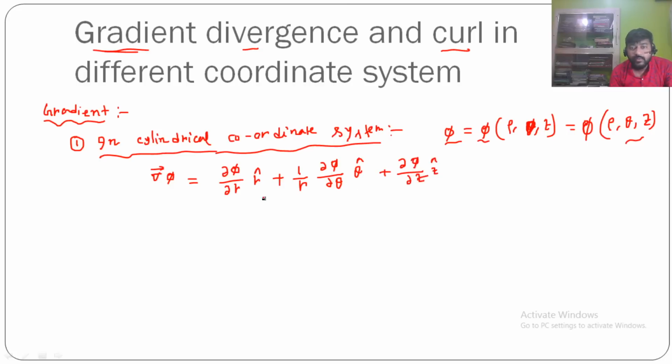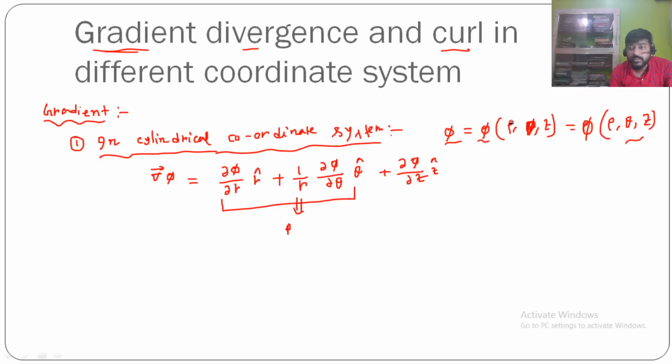If they ask only about plane polar coordinates, then you can write just up to here, because in that case the function will be only of rho and theta. Here I have written in terms of r.